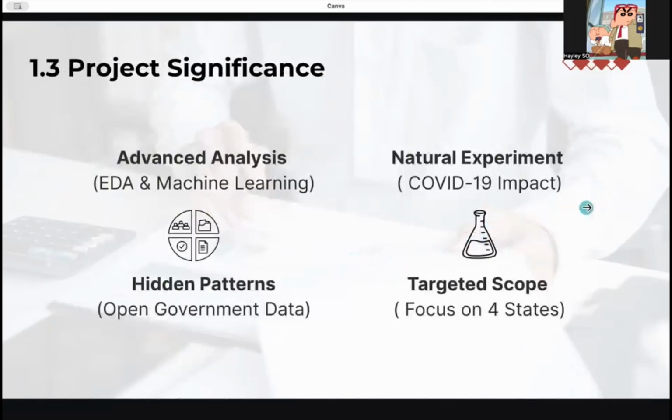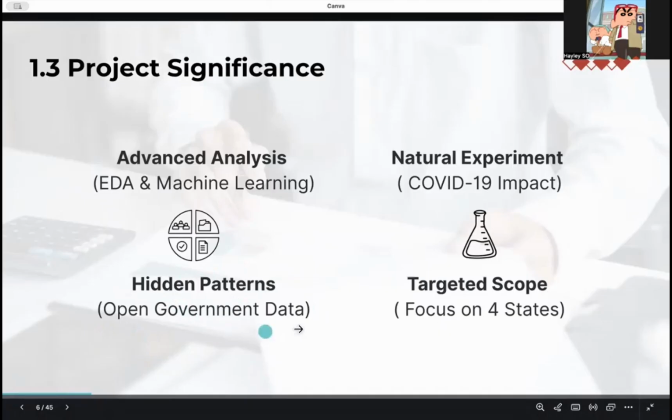Now let's talk about why this project is important. First, this study goes beyond simple summary because we also use machine learning methods to explore deeper patterns in the data. Second, hidden patterns can be found through open government data.